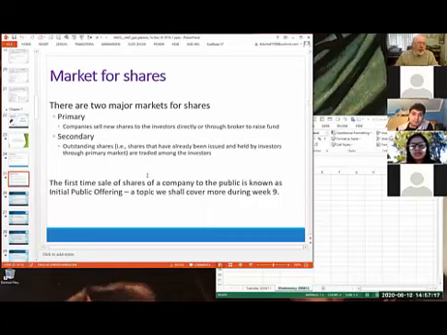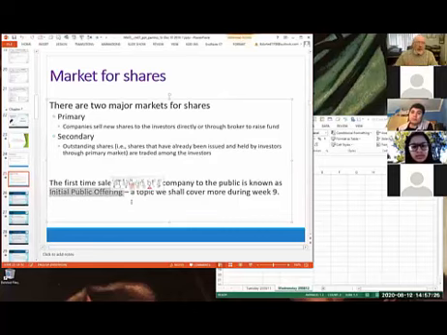And so the primary market is when you have new companies that are coming up. And we talk about IPOs often, and there's a whole strategy for getting initial public offerings kind of off the ground. And there's a certain amount of theory and strategy attached to that.